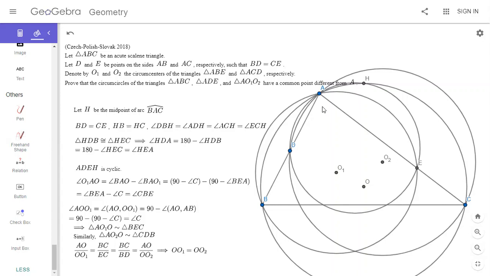So yeah, we can also show AO. Let's see. So AOO1. Well, I guess what.